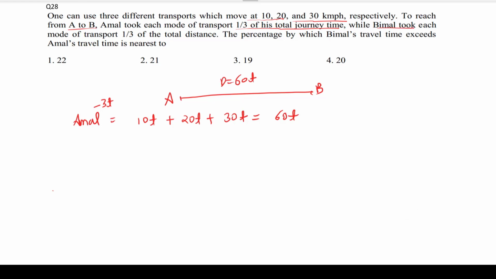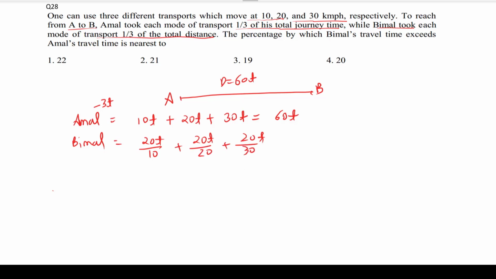While Bimal took each mode of transport for 1/3 of the total distance. Bimal now travels 20t, 1/3 of 60t, 20t and 20t. Bimal travels at 10 km per hour, 20 km per hour, 30 km per hour.